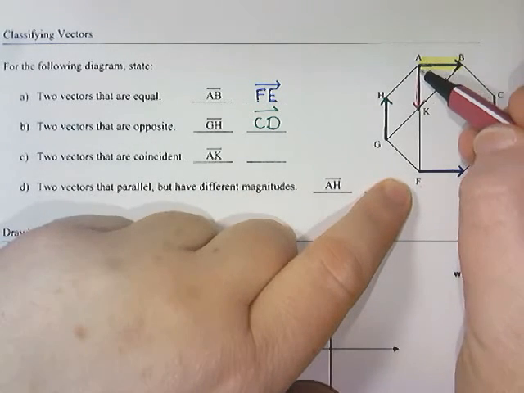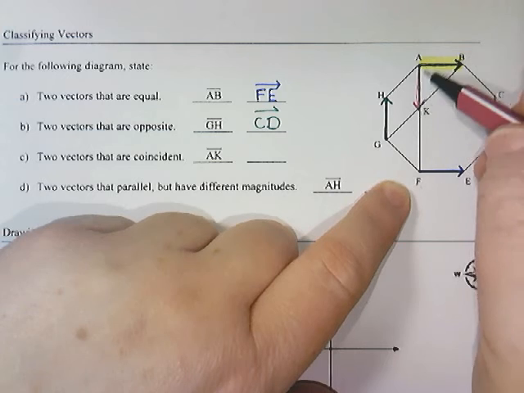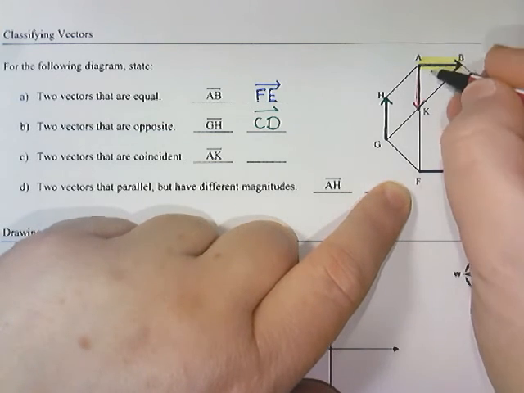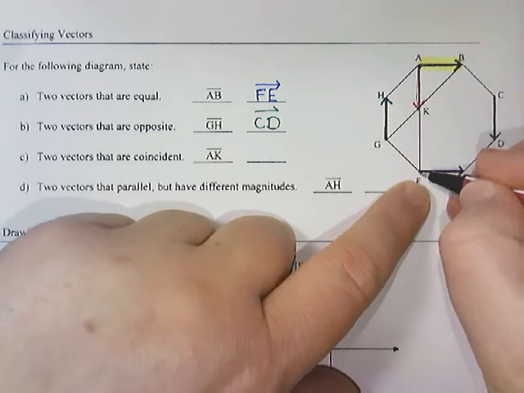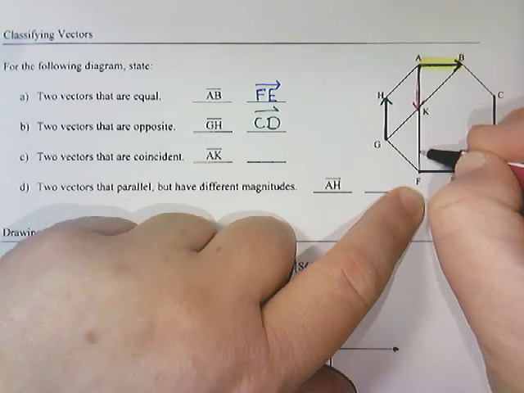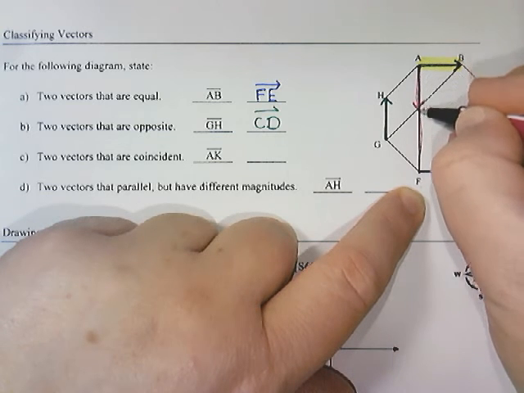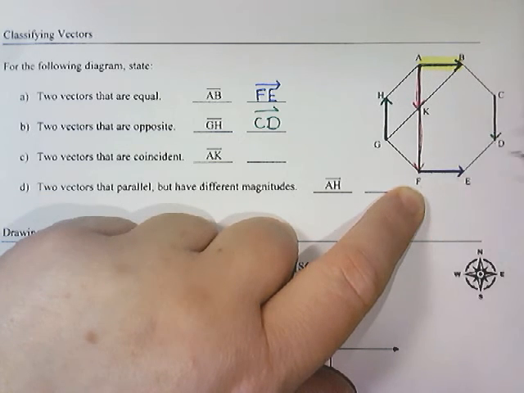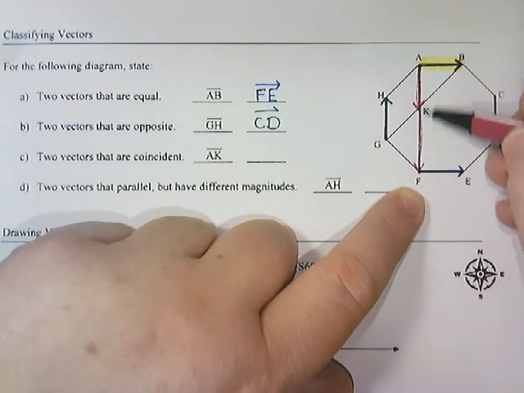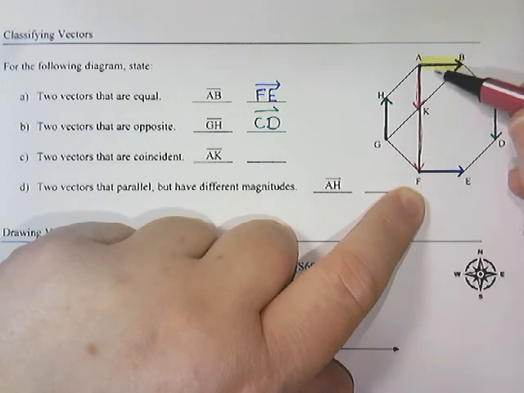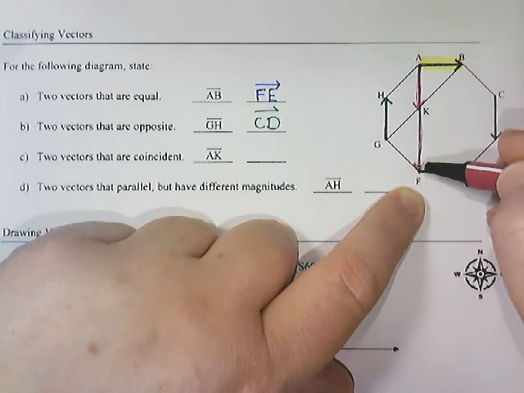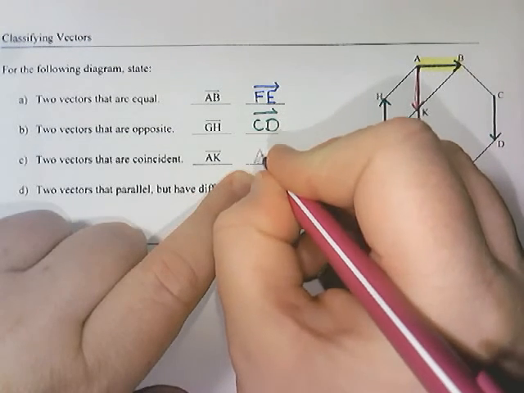So I need a vector that would be on top of this one. Well, if I went from A to F, that covers part of AK, so they would be coincident because they are sitting on top of each other. So AK and AF would be coincident.